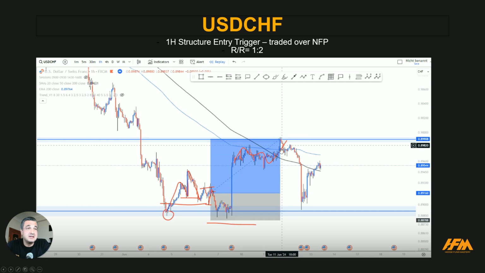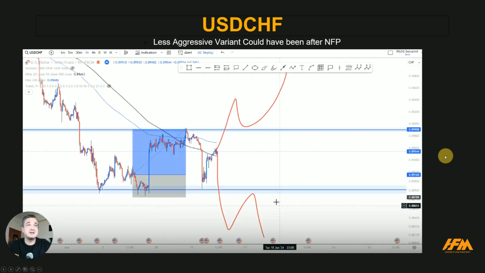So that trade, obviously, you could argue was luck. But again, there are thousands of trades in that track record. I'm just singling out a couple of them so that you can understand the underlying method. They are all based on exactly the same approach. Okay? And that could have been a less aggressive variant of the trade. I could have waited after NFP to see if it goes up and has a retest, or goes down and has a retest.